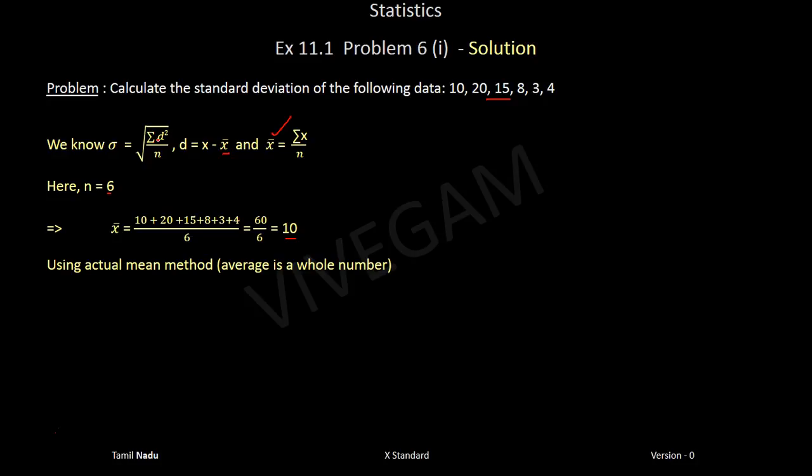In such cases, we will assume the mean to be a whole number, and I'll work that out. That example we will do in a later part, probably in the next few problems. So here we are using the actual mean method because the arithmetic mean is a whole number.